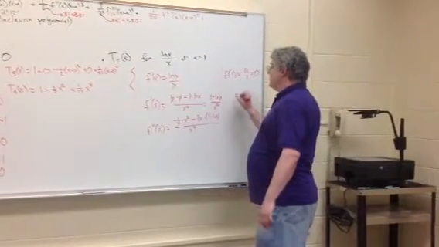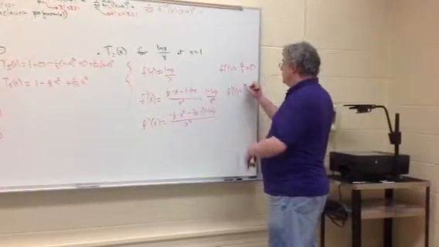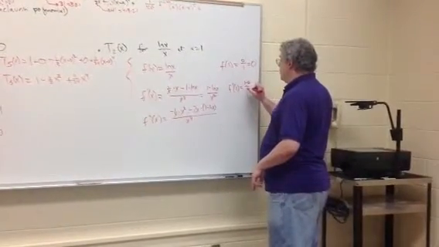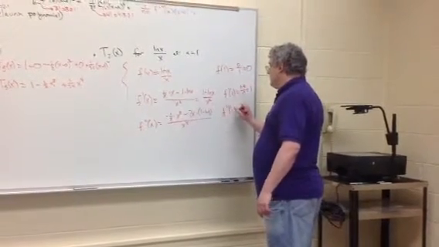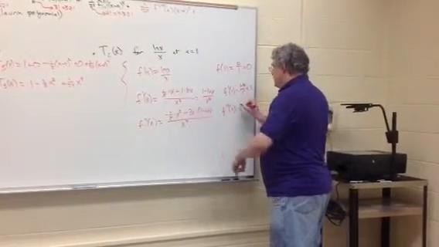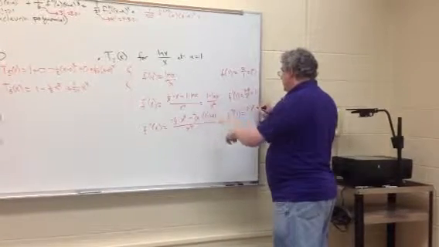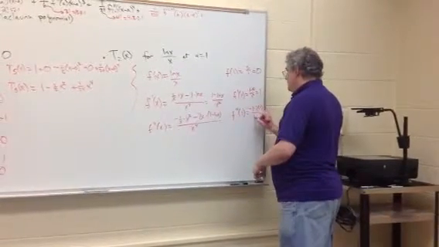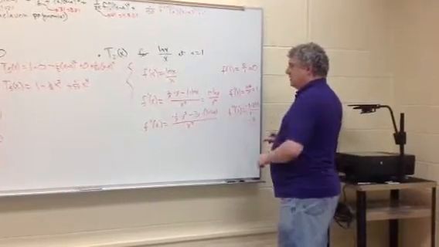So the function is 0. F prime of 1. ln of 1 is 0, so I have 1 minus 0 over 1 squared, which is 1. The second derivative. Minus 1 times 1, so I have minus 1. Minus 2 times 1 minus 0 over 1 to the 4th, I get minus 3.